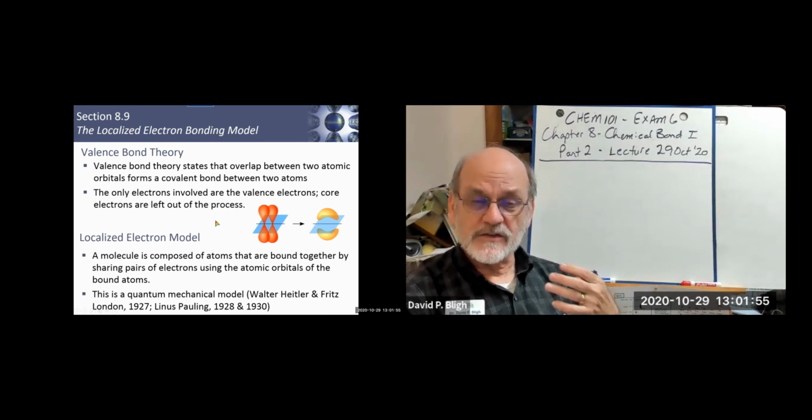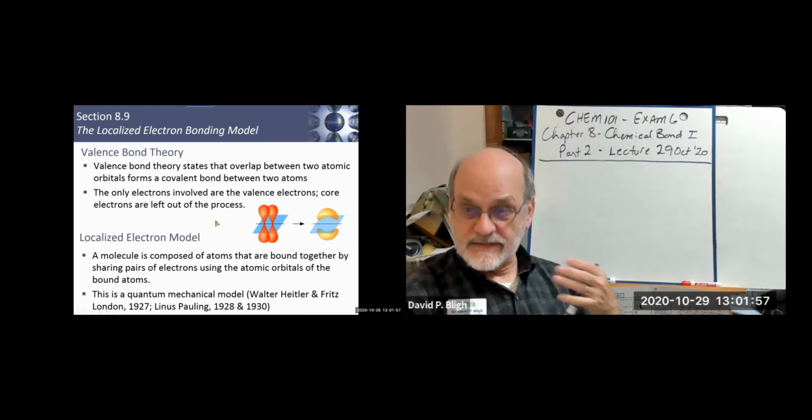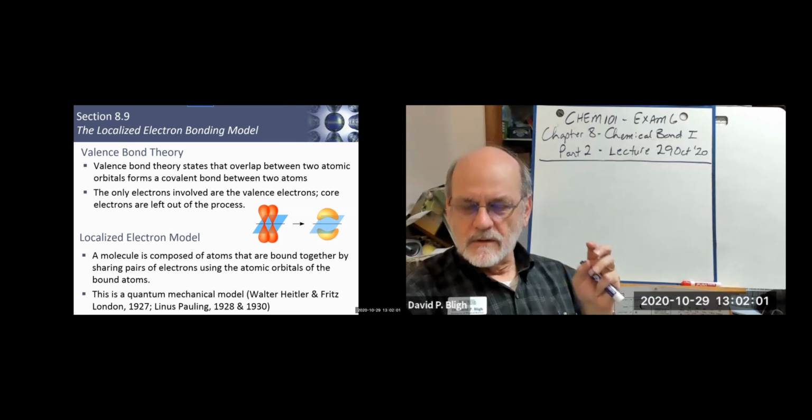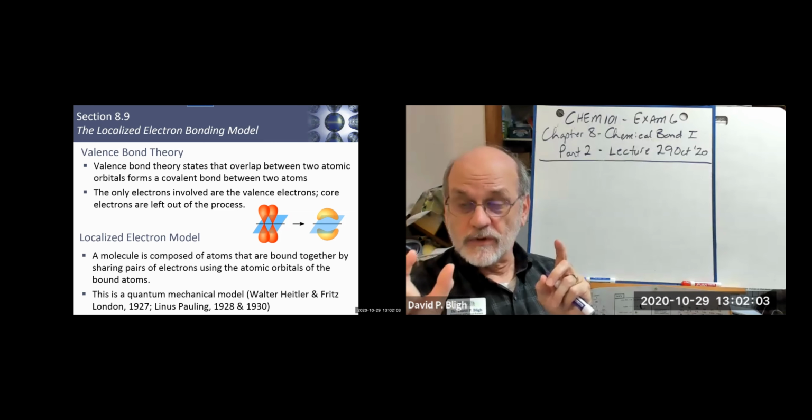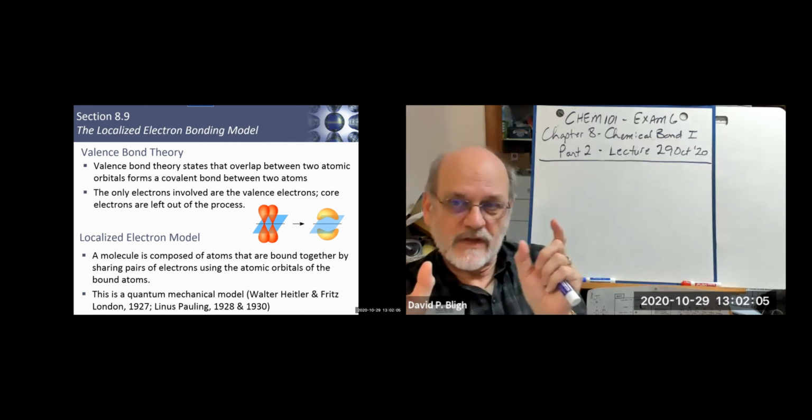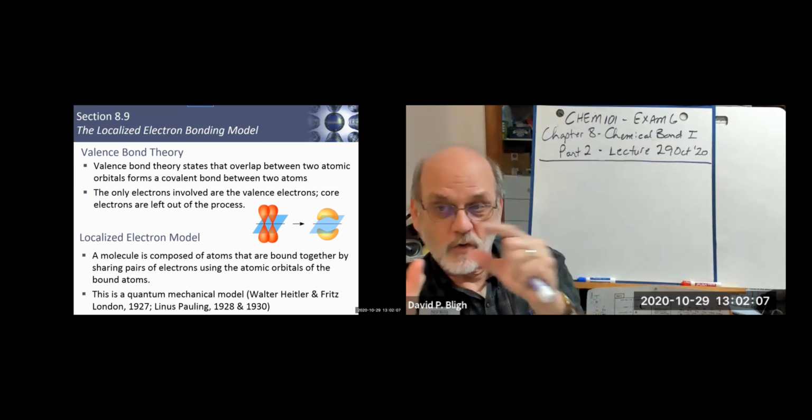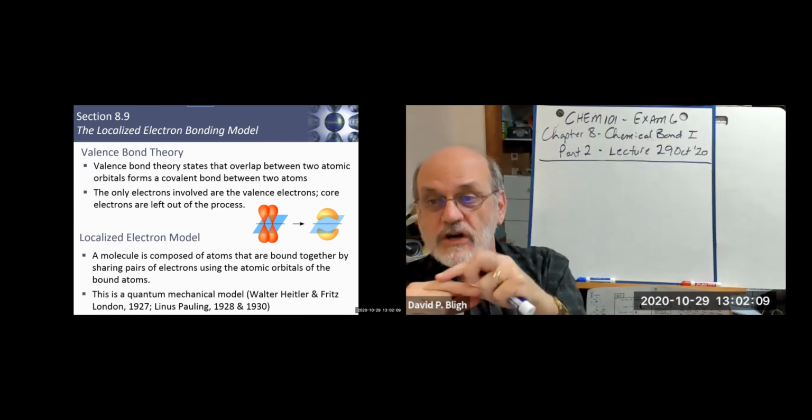The covalent bonds are believed in this theory to form when an electron in its orbital overlaps with an electron in its neighbor's orbital, and they share that space.